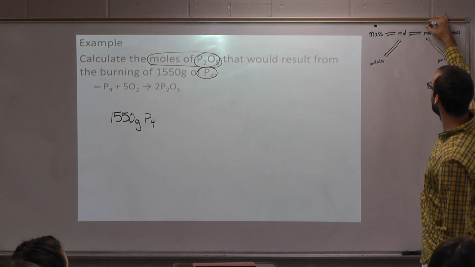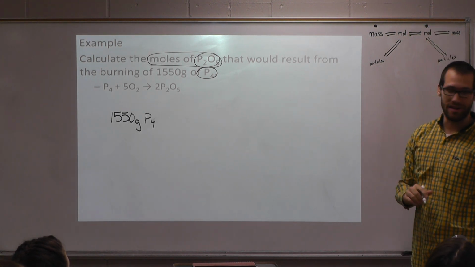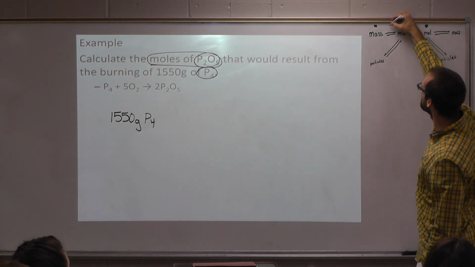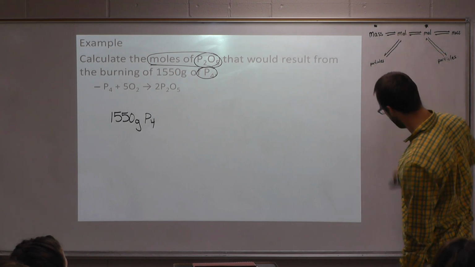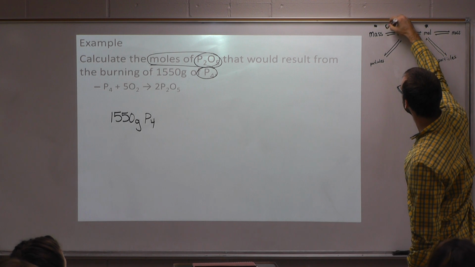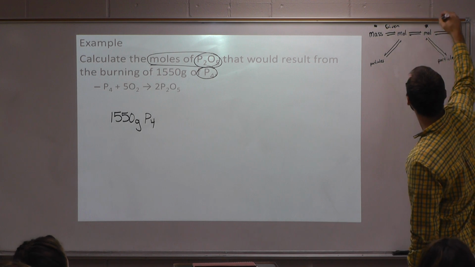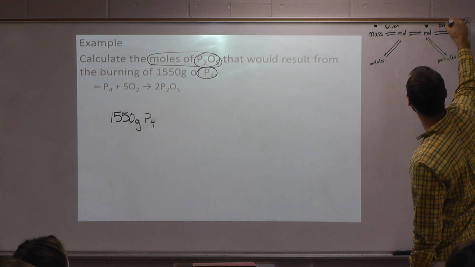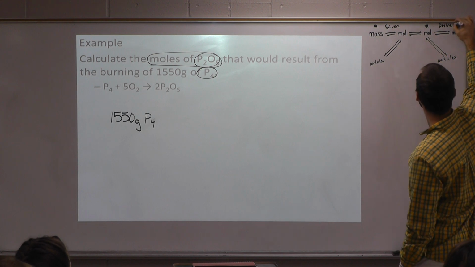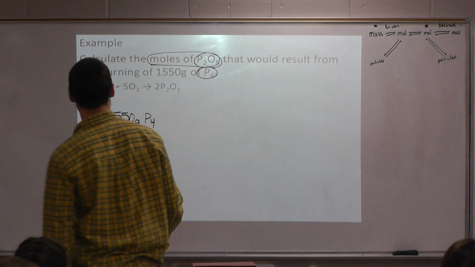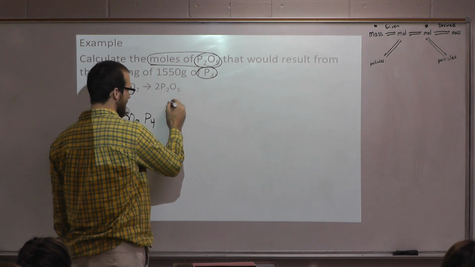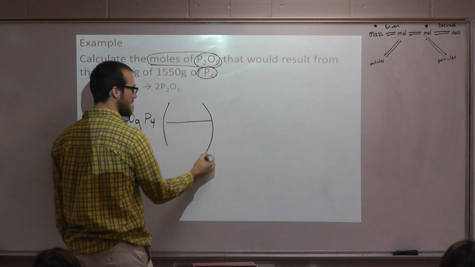So we are solving for that mole, not this mole. This is the given side. This is the desired side. So, how many steps is this? 2. Once you've done that, everything else is stuff we've been doing.